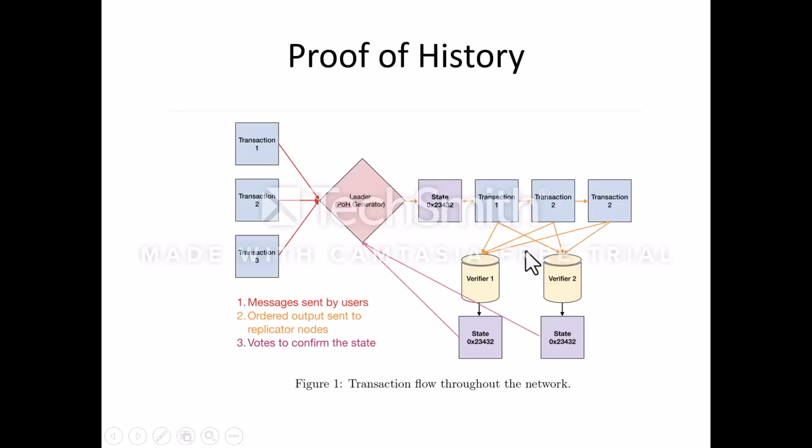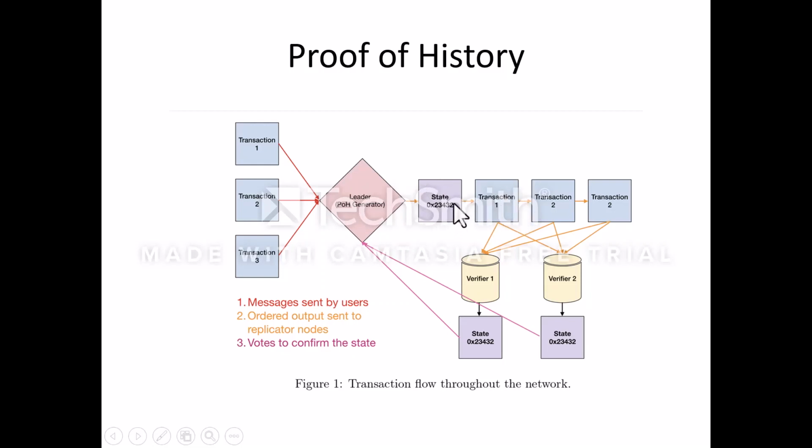If you see here, it's a very practical, real-world example where we have a leader node and also verifier or validator nodes. Let's say, for example, in this case we have three transactions that occurred. The leader will run those three transactions through the VDF, and it will generate the final hash.